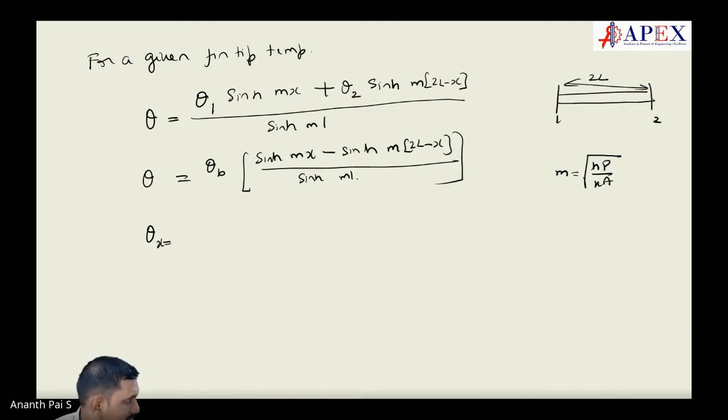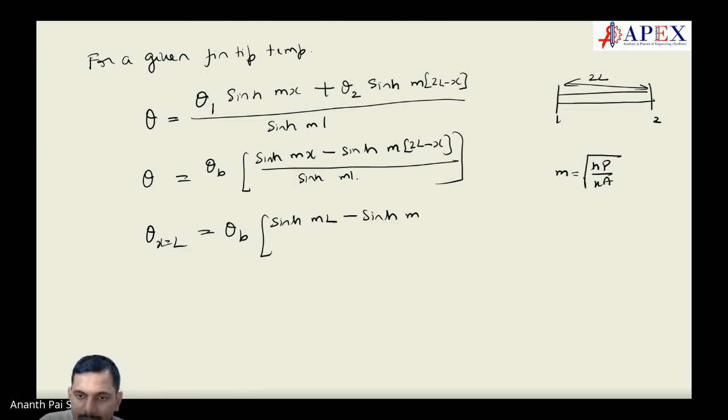Makes sense. Now what happens? Theta at x equal to L is equal to theta b times sinh mL minus sinh m(2L minus L), divided by sinh mL.